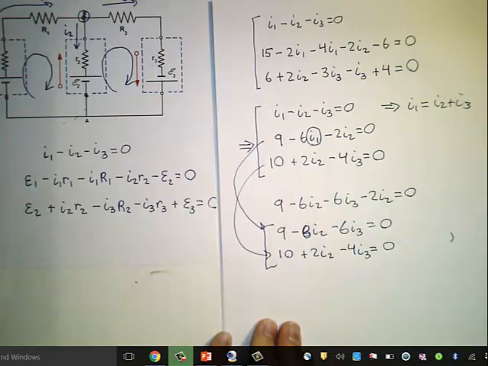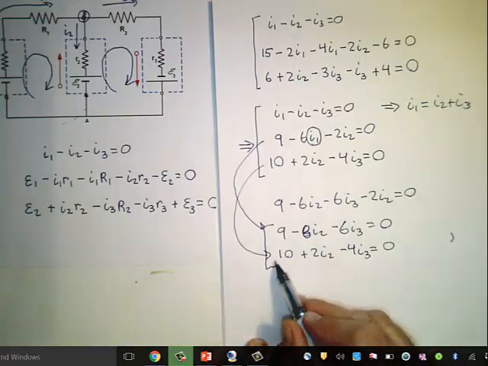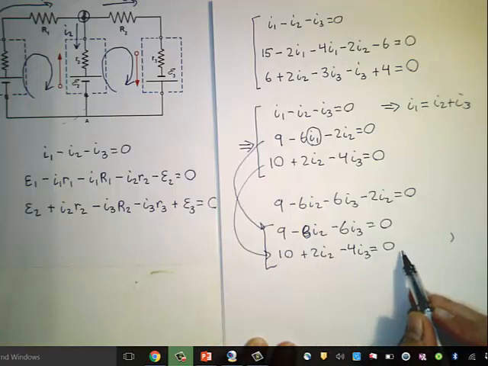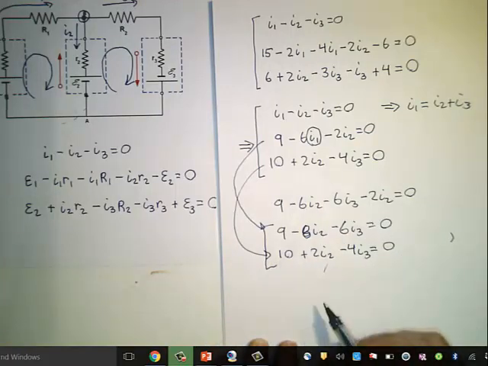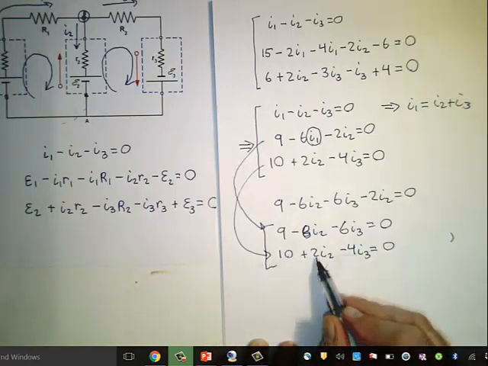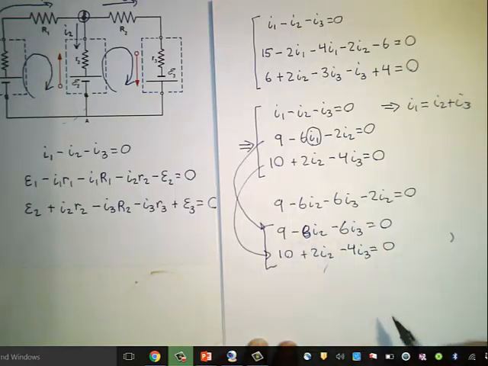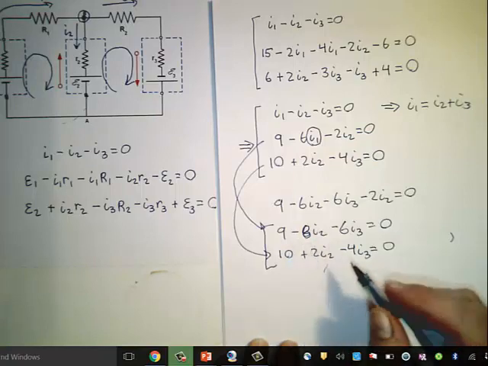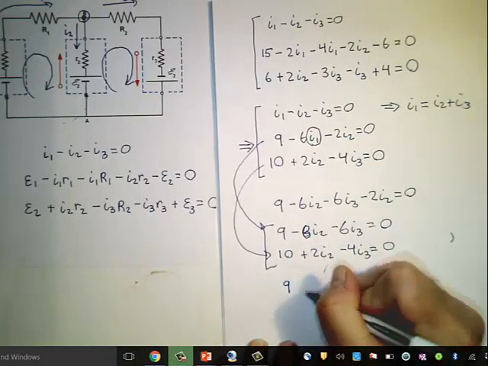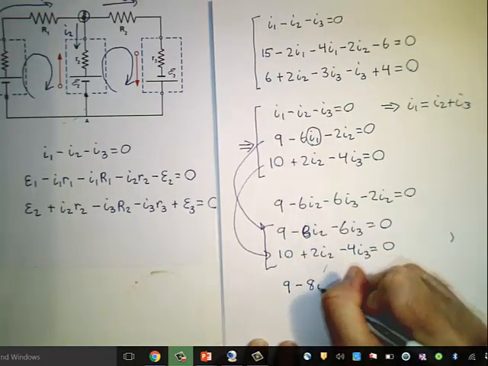Okay, so now we've got a set of 2 equations with 2 unknowns, so that's a little bit easier to solve. Maybe what we could do is multiply this equation by 4 and then add the 2 equations up, because when I multiply this equation by 4, this term will become a positive 8, and when I add them up, I'm going to lose the I2s. So let's give that a shot.